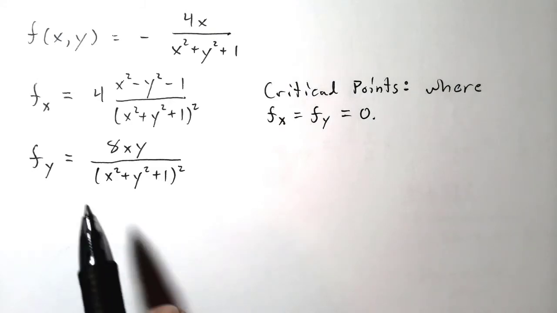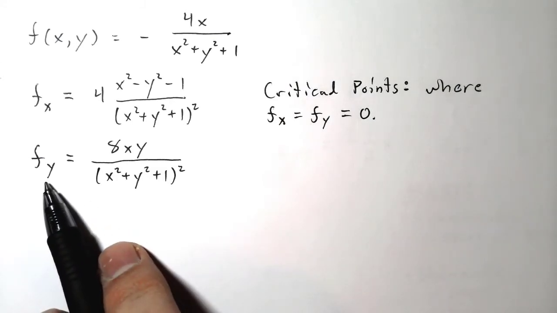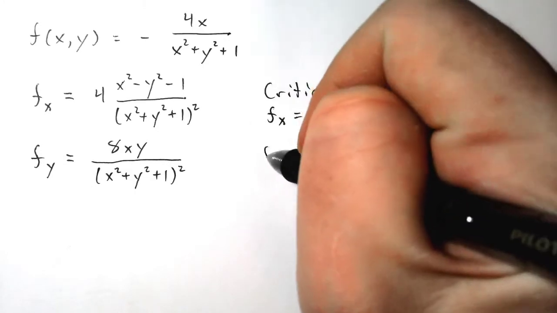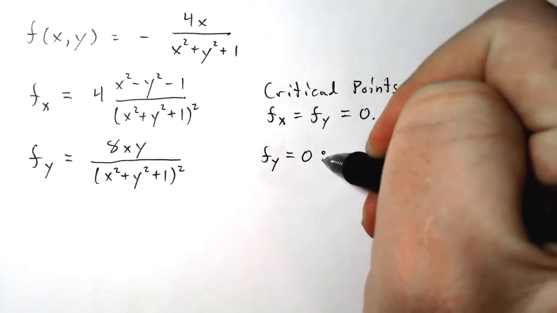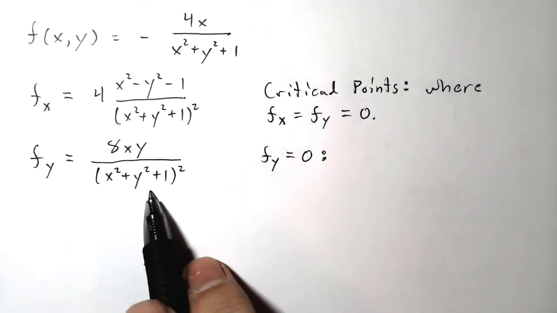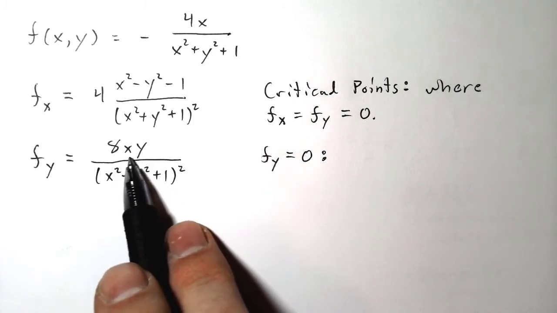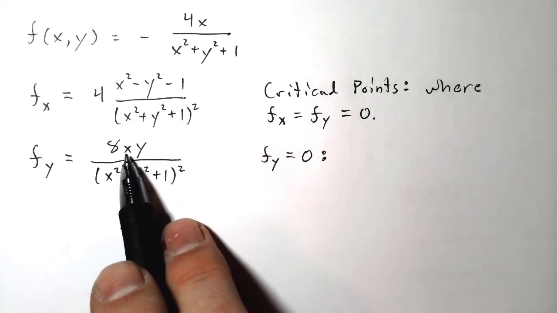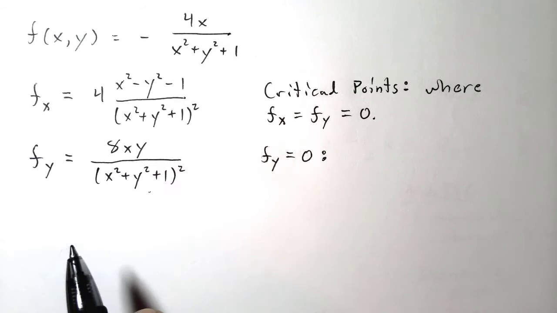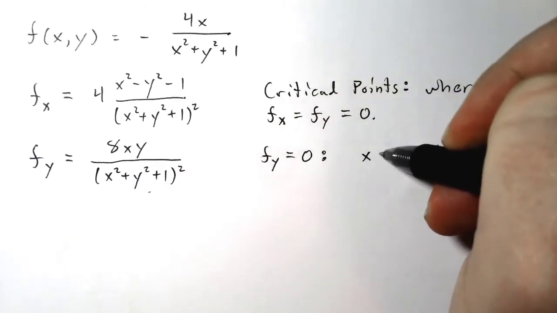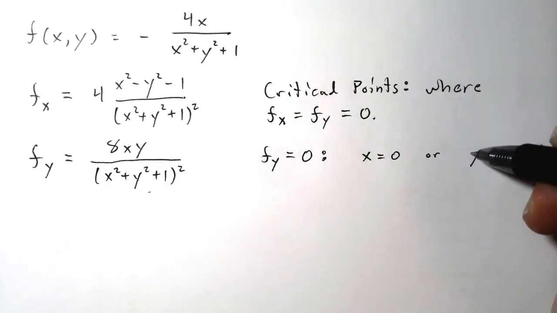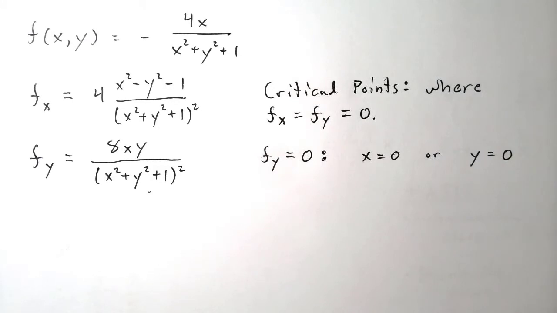I think the easiest one to look at first is fy. Let's see where fy equals 0. If fy equals 0, the only way that can happen is if the numerator is 0. The numerator can be 0 only if x is 0 or y is 0. So x equals 0 or y equals 0.